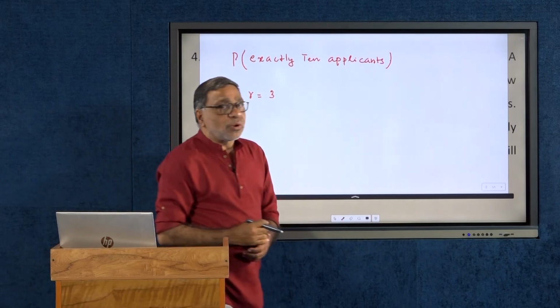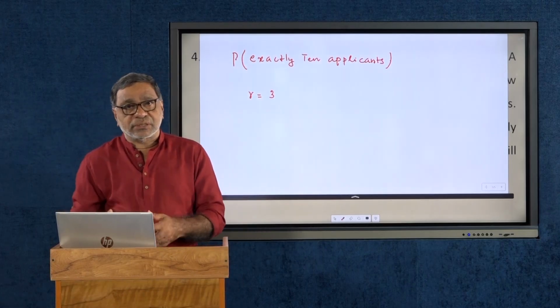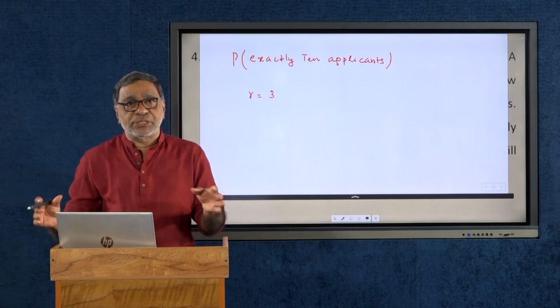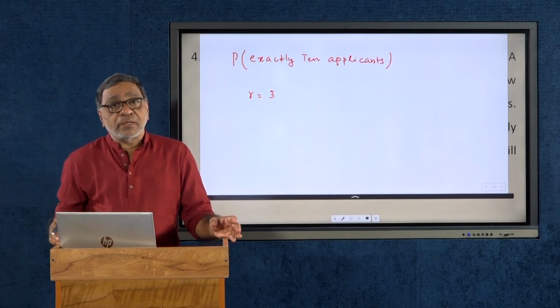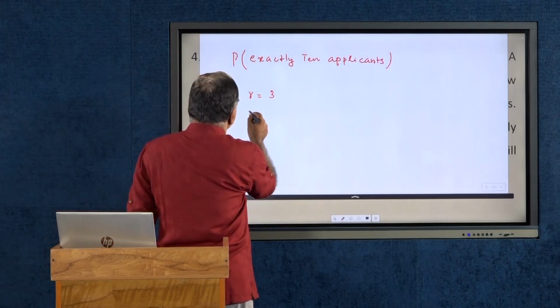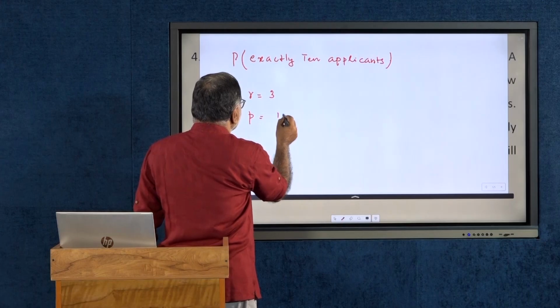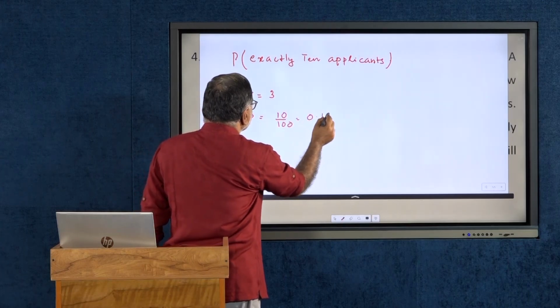See, so our r is 3 here. Why? Because the number of successes is fixed, that is 3 positions are there. And r is equal to 3 is our value. And the probability of getting success is 10% of the applicants. So, 10% means 10 divided by 100, or 0.10.